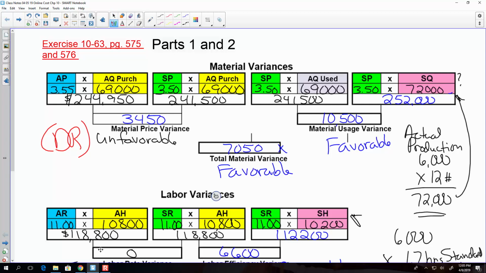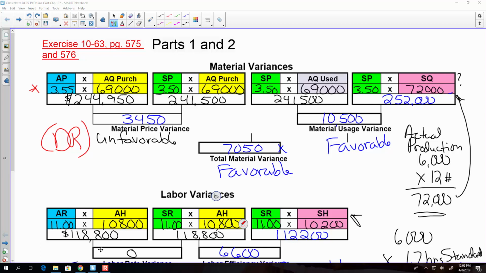So beginning on the left side of the template, I'm starting here where the 355 is. That's the actual price per, in this case, pound that we pay for the material. And if you look in the book on the bottom of page 575, they give you that information: materials purchased and used 69,000 pounds at $3.55 a pound.